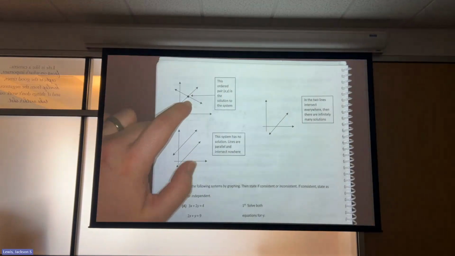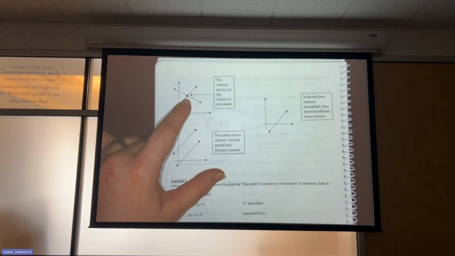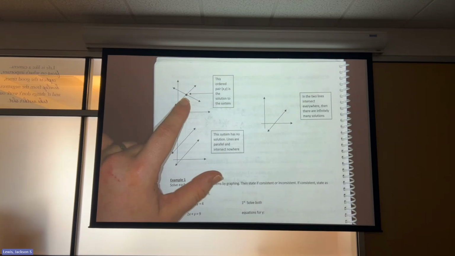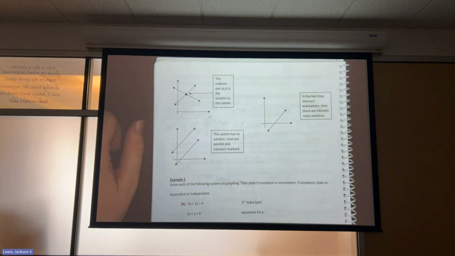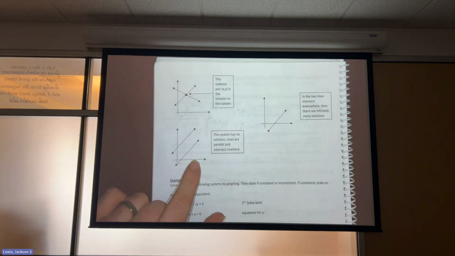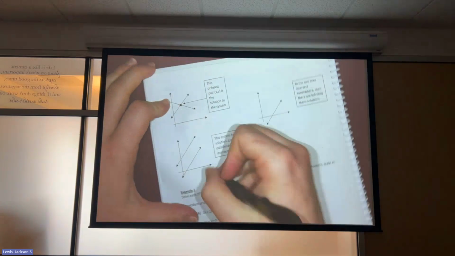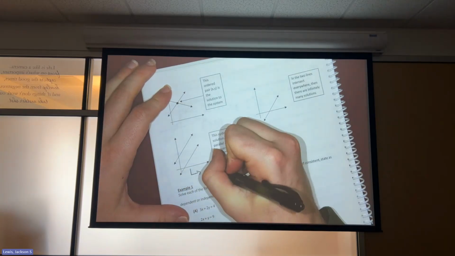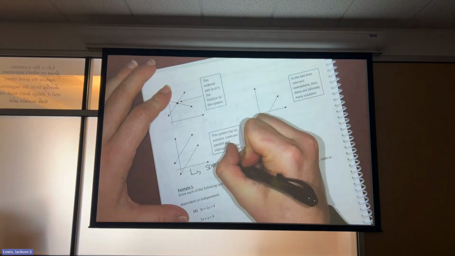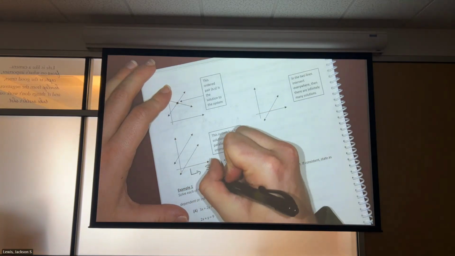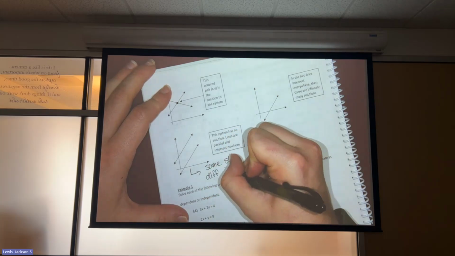For instance, this right here is the solution set. If they have the same slope, but not the same intercept, there's no solution. They're parallel. Same slope, different intercept.